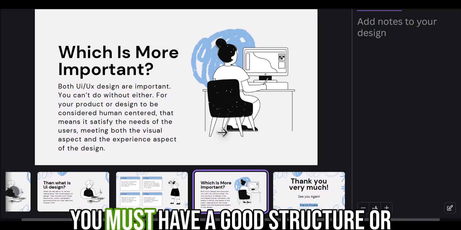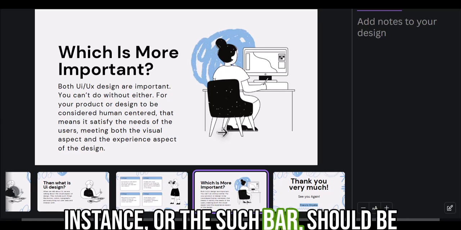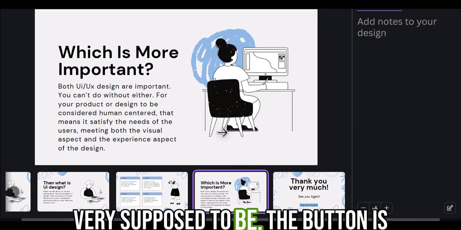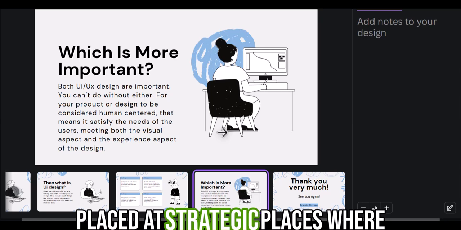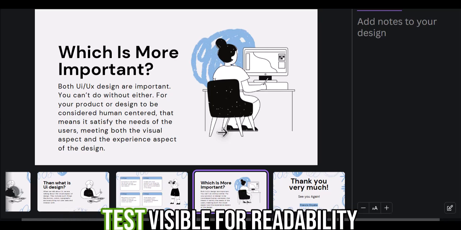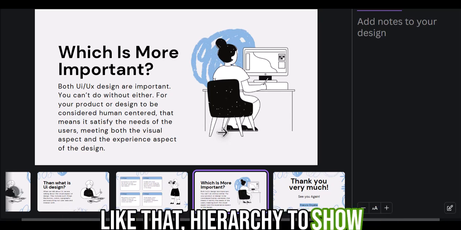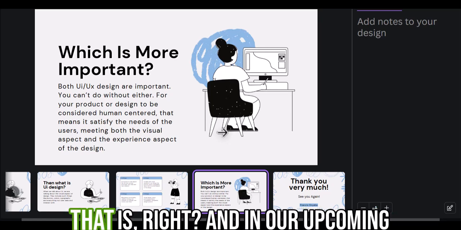That means you must have a good structural design. The search bar should be where it's supposed to be, buttons are placed at strategic places where users can take action, text is visible for readability, and there is hierarchy to show importance, and a whole lot of other things.